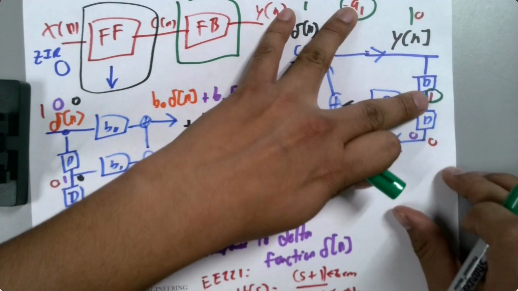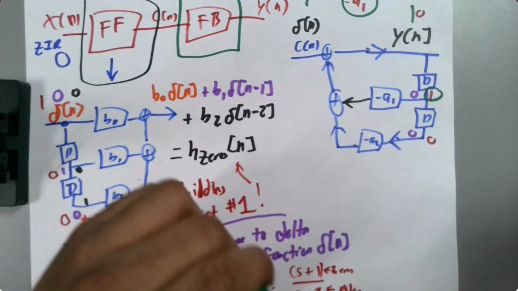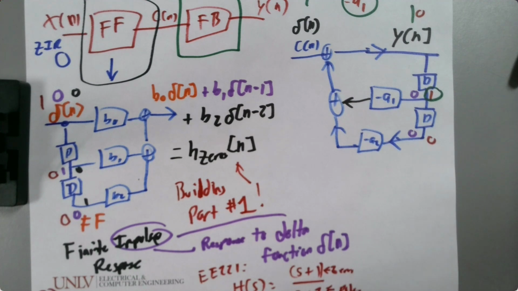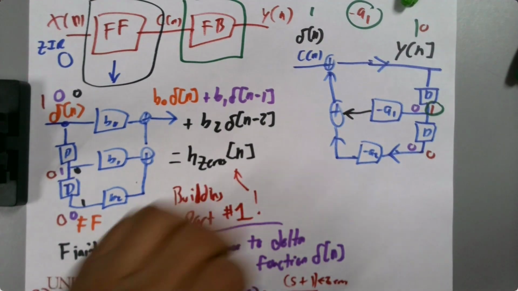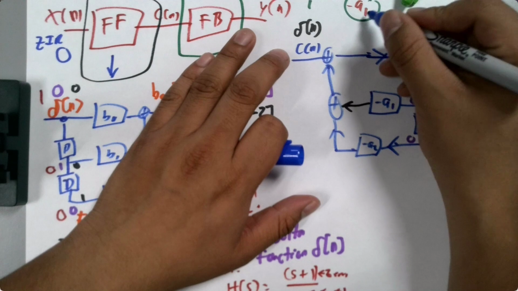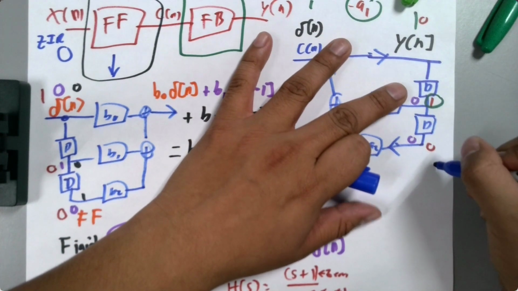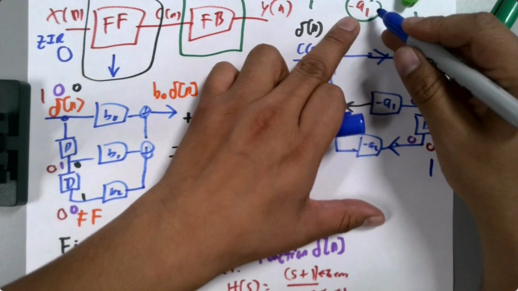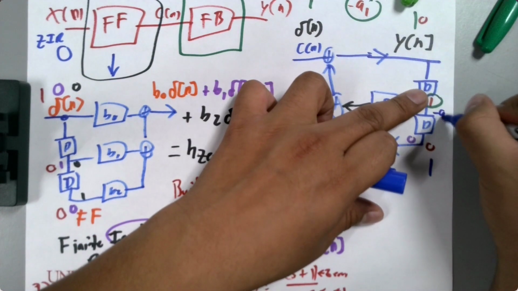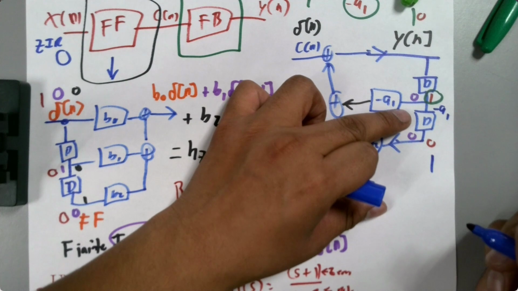Now all we're going to do is just chunk this down, and I'm going to use the blue marker, I guess. So we have an alpha 1 right here, right? And we minus alpha 1, and we have a 1 right here. The 1 now moves down here, okay? But this also moves down here. Okay? You're seeing that, right?